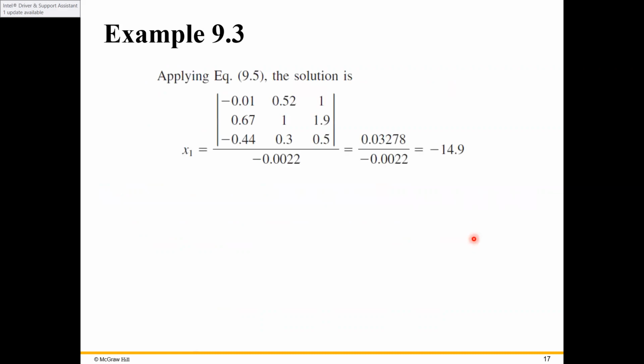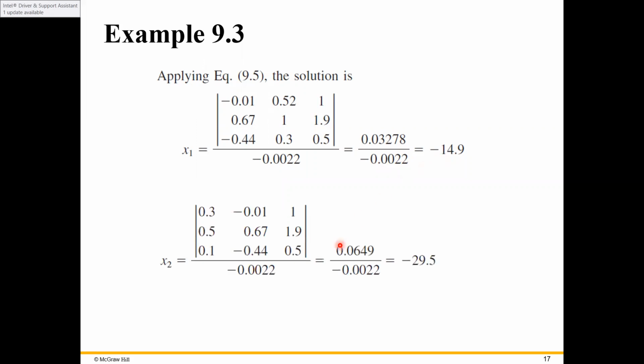And then the next step is to apply the solution. So x1 will be the determinant of this divided by this, so it will be minus 14.9. For the second one, the determinant will be minus 29.5.